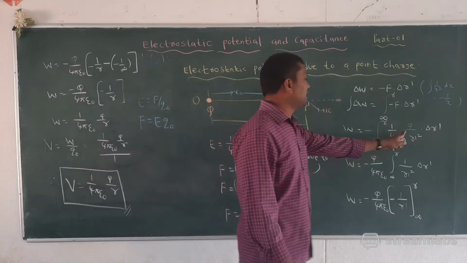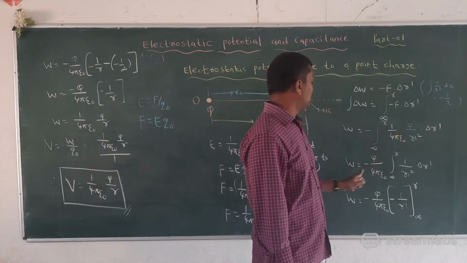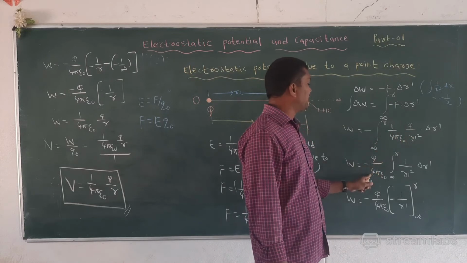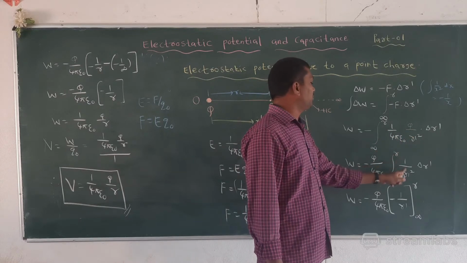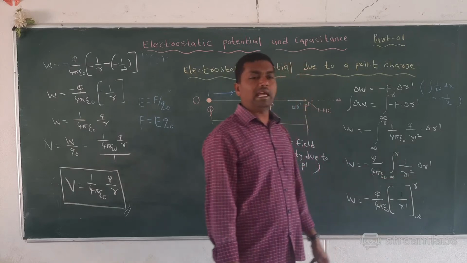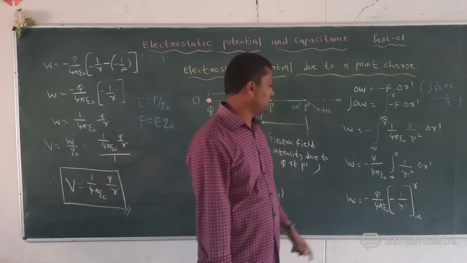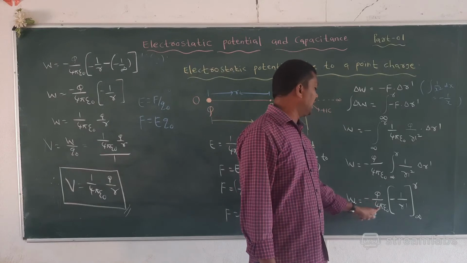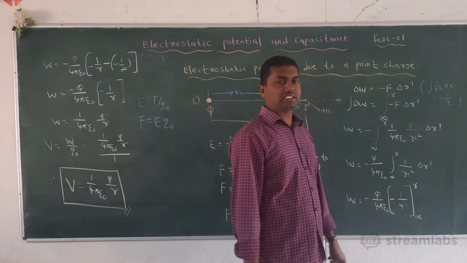W is equal to plus q by 4π, స్థిరాంకం కాబట్టి బయట రాస్తున్నాం, integration from infinity to r of 1/r డాష్ స్క్వేర్ delta r డాష్. సమాకలనం వచ్చింది W is equal to minus q by 4π ε naught into minus 1/r డాష్.